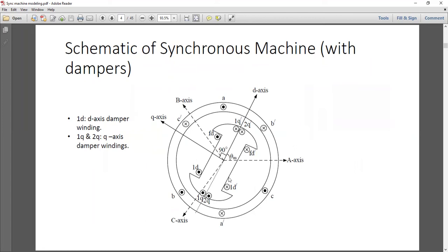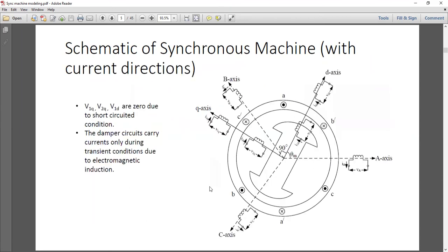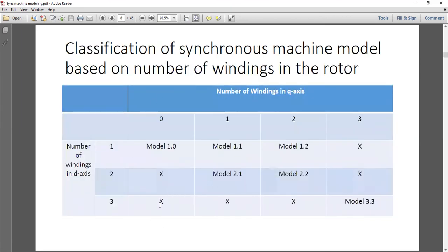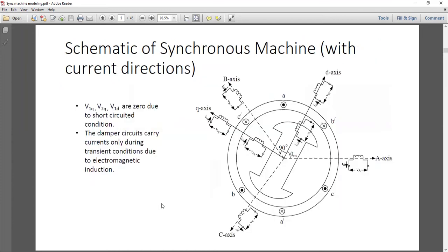Then you have the damper coil, and you also have another set of damper coil along the D axis. And no other coils are present along the Q axis. That would be 3.0. But according to the classification, that's not possible. It's not allowed to model the system in this manner.